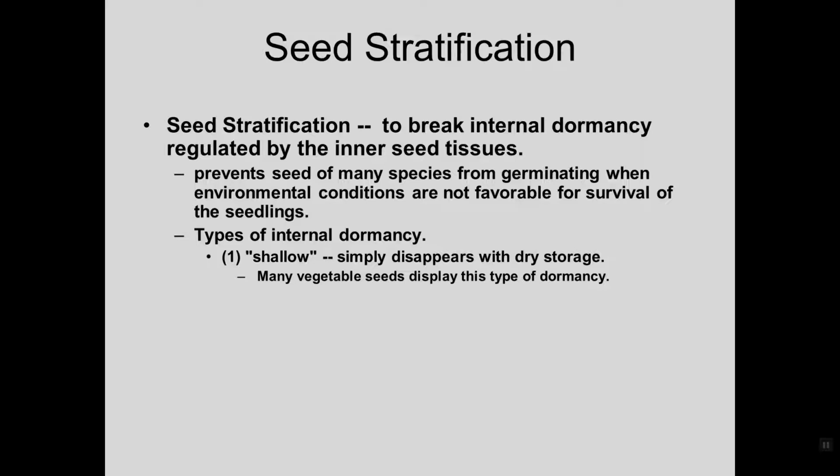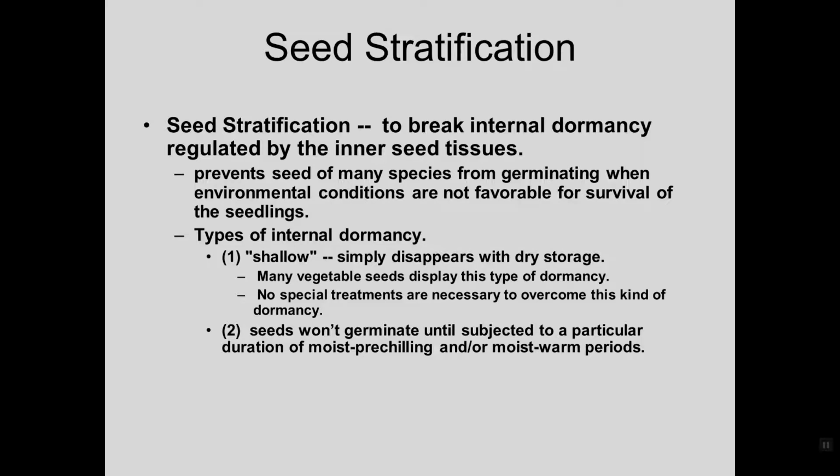Types of internal dormancy: there's shallow, which disappears with dry storage. A lot of vegetable seeds display this type of dormancy, so it's not too hard. You don't need to treat the seeds in any way to overcome that kind. Again, with vegetables and wildflower mixed seeds from the nursery, usually just planting them does the trick. Seeds won't germinate until subjected to a particular duration of moist pre-chilling or moist warm periods.